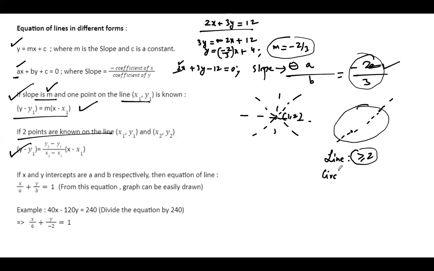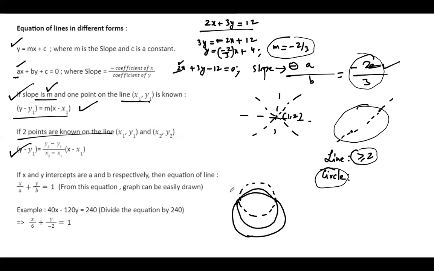What about the case of a circle? Let's say you know that a circle is passing through 2 points. So how many circles will be possible? You can make a circle like this. So many. You can make a circle like this, or like this.